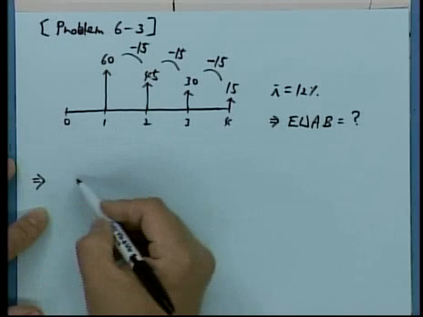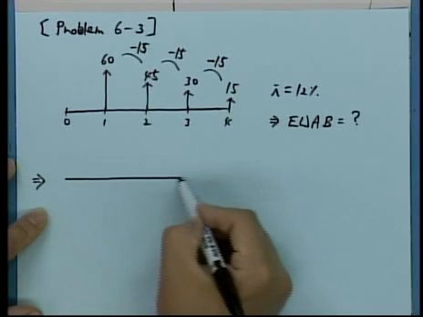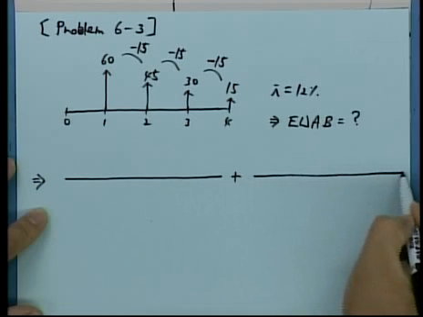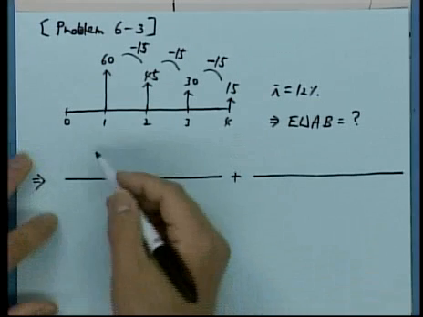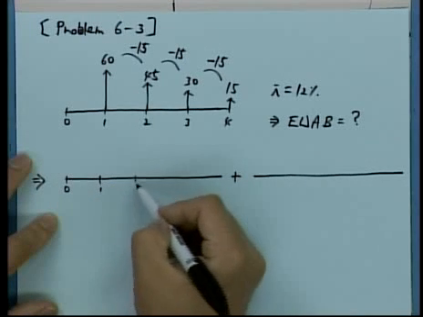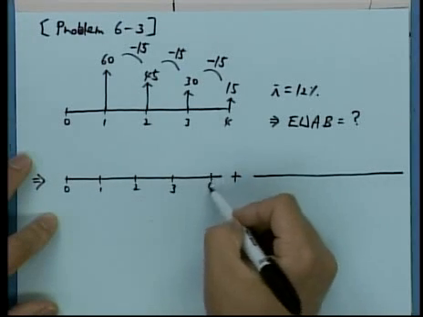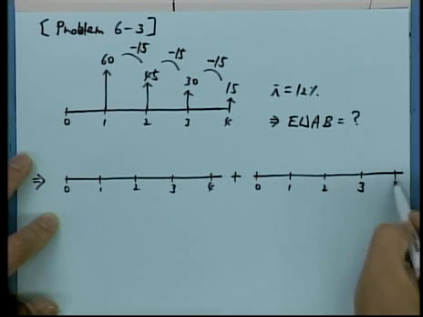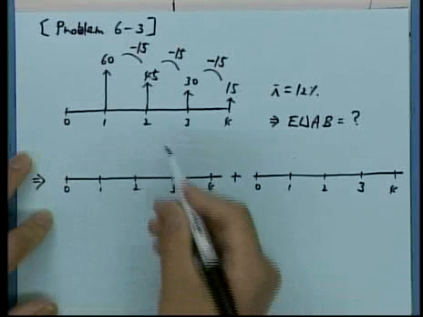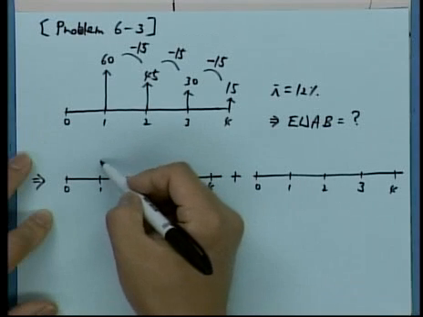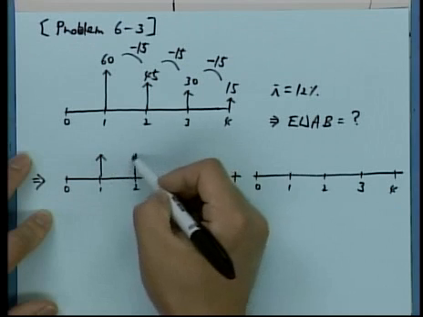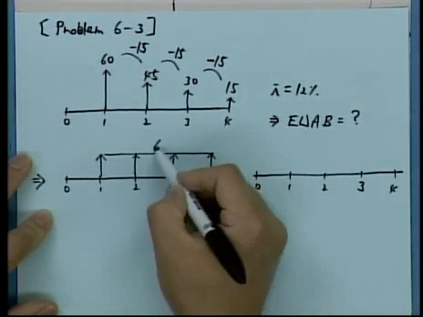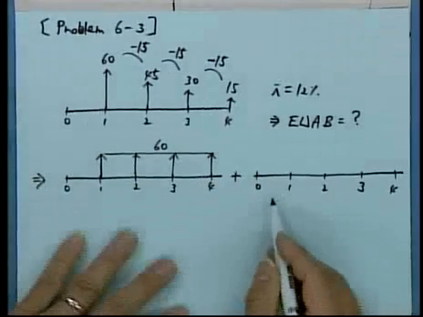So first, this given cash flow can be broken down to these two components, 0, 1, 2, 3, and 4. The first one is the uniform series of $60. Then what is left over?